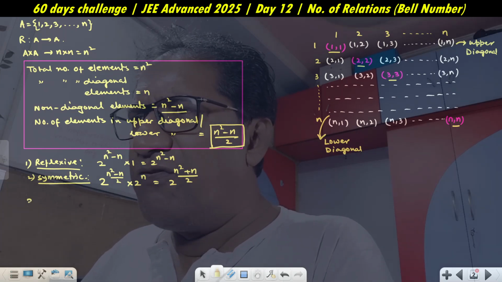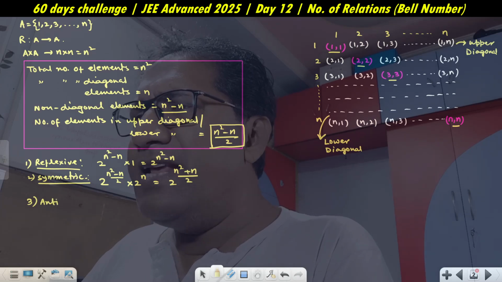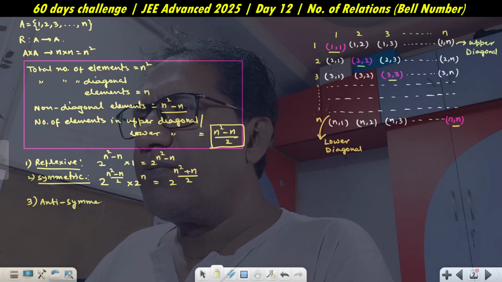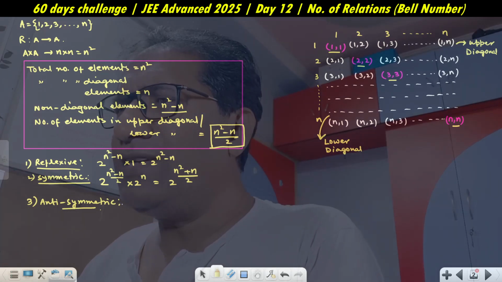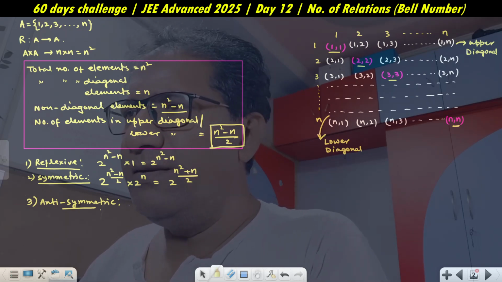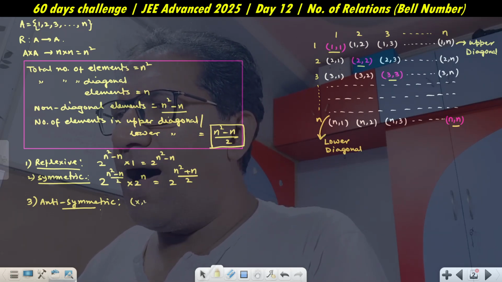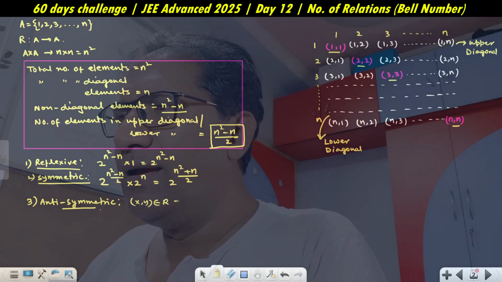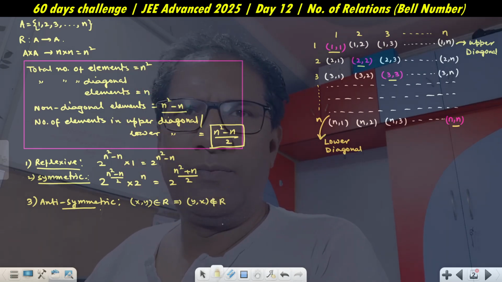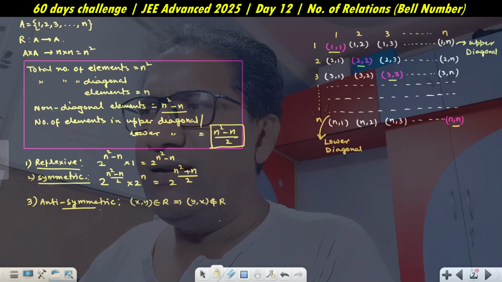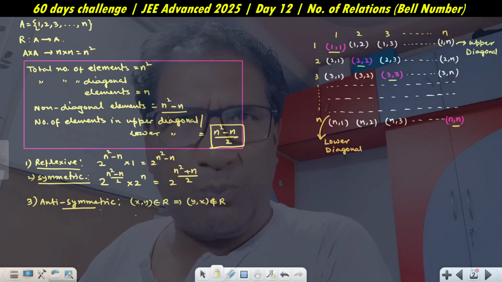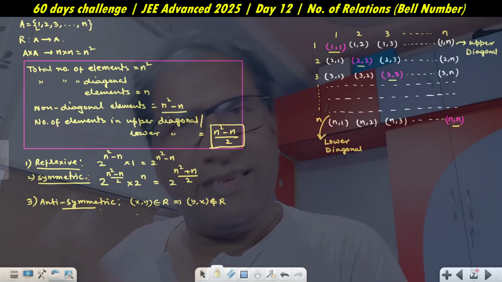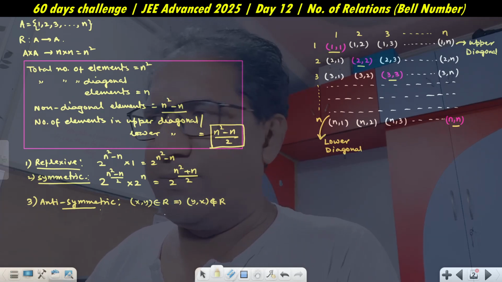So now let us come to how many anti-symmetric relations are possible. Okay. Now what is the definition of an anti-symmetric relation? That if x, y belongs to R, it implies y, x does not belong to R. This is one part of the definition. And another part is that, yes, if any diagonal elements are present, then there is no problem. Still, it will be an anti-symmetric relation.